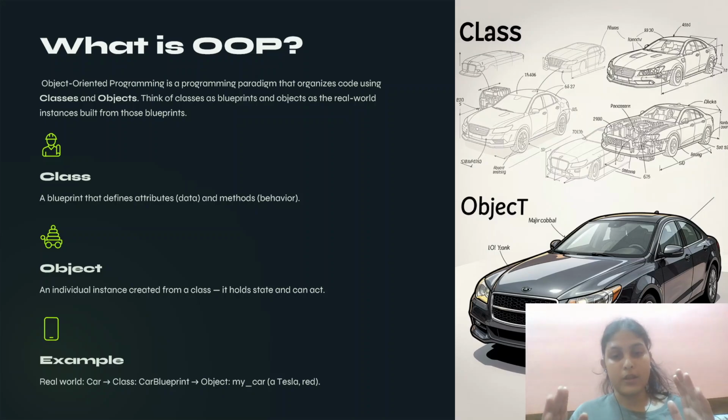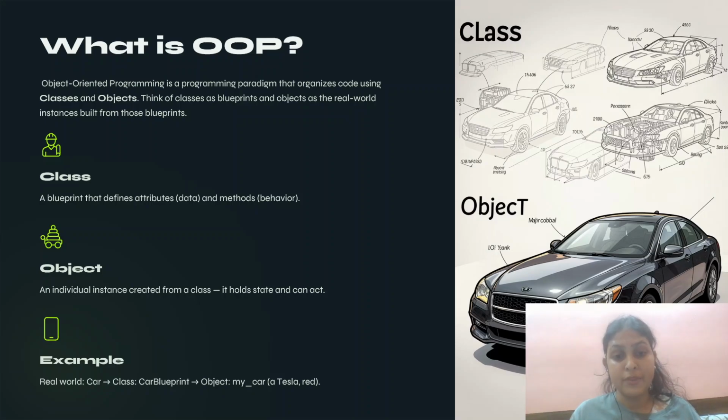For example, suppose our class name is Car. From this class, I could create one object that represents a red Tesla. I could create another object containing a white Hyundai. And I could create another that represents a black Ferrari.